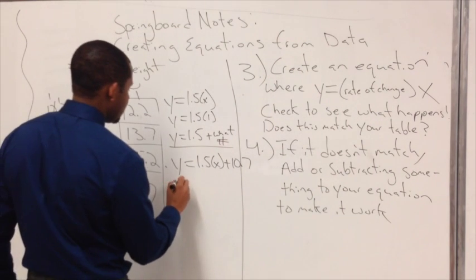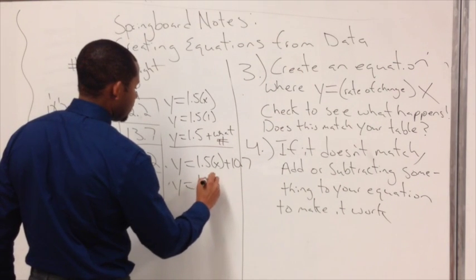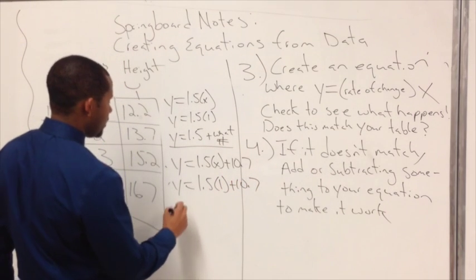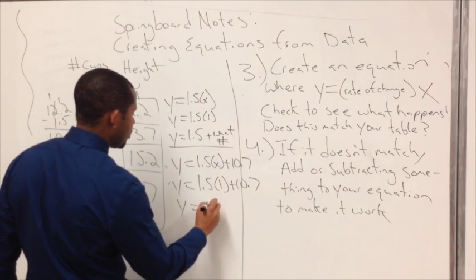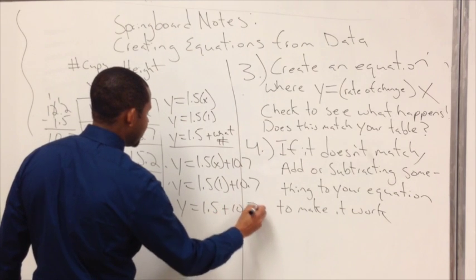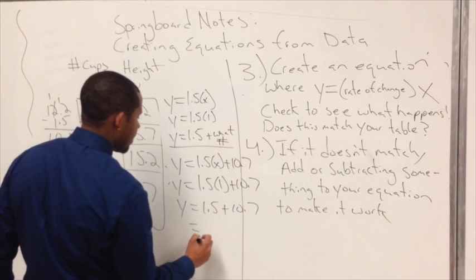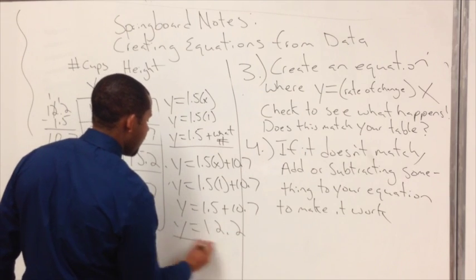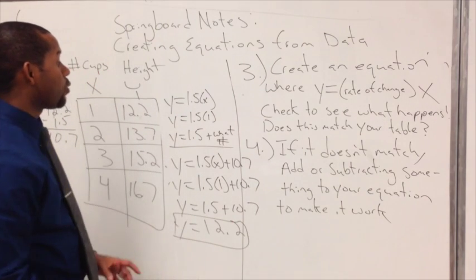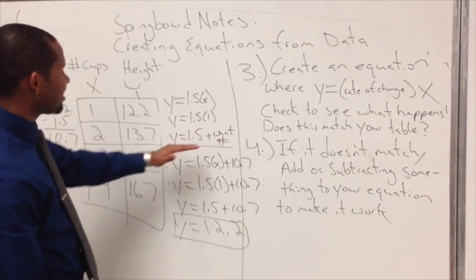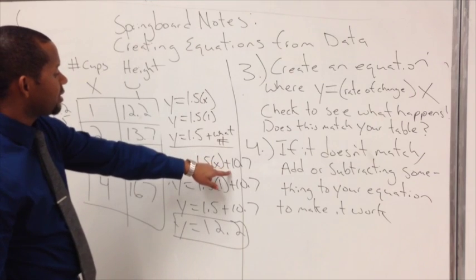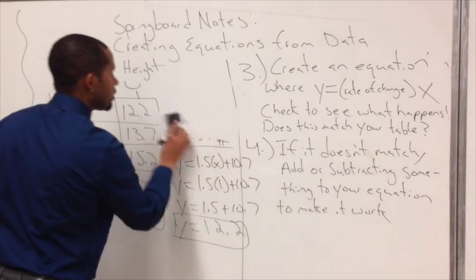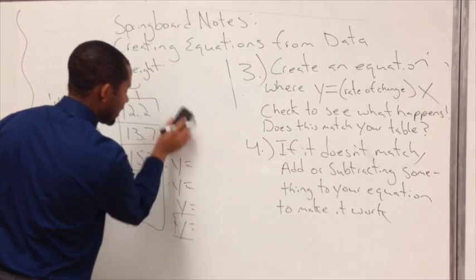Let's see what happens. Well, I plug in 1, and I end up with y equals 1.5 plus 10.7, which gives me y equals 12.2. That's what I want. So I had the right rate of change. I just needed to add 10.7 more. Right? Let's see if it works for this next one.